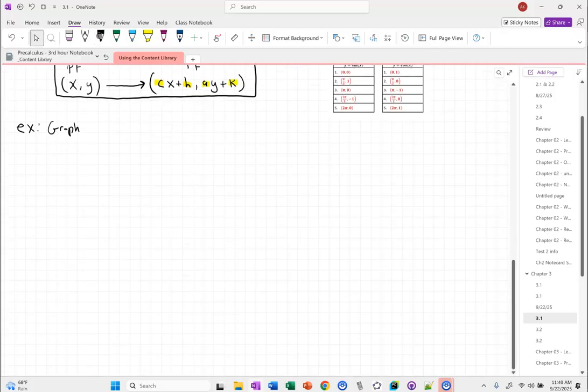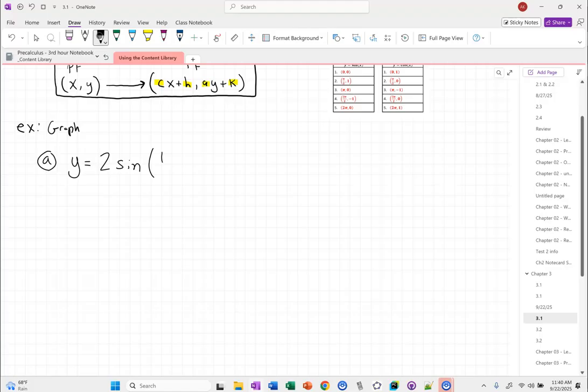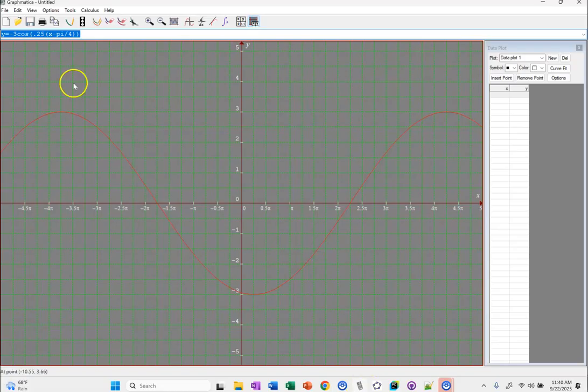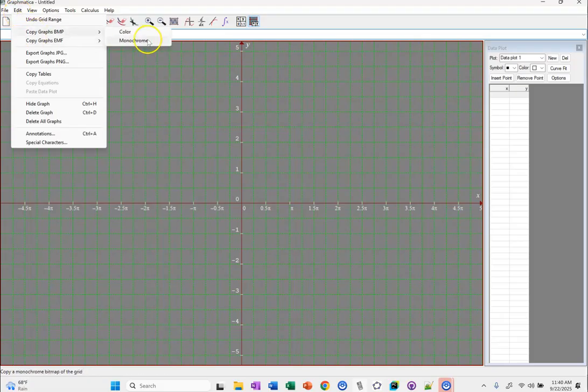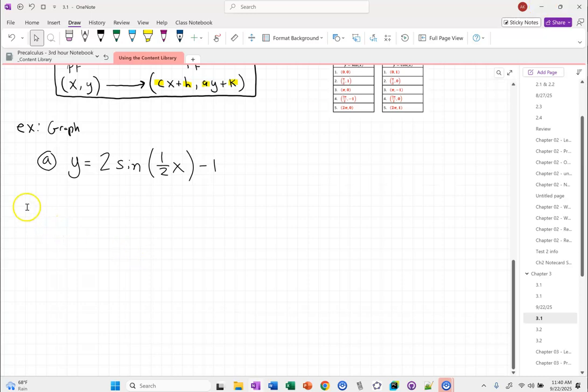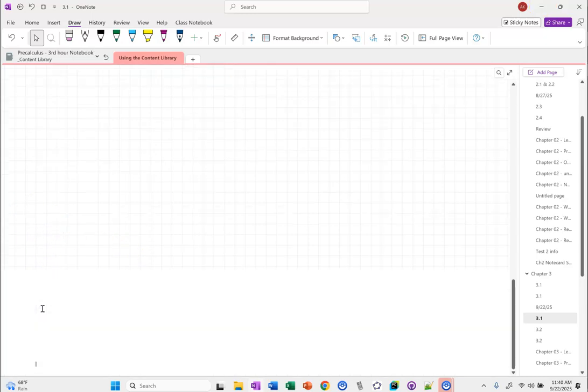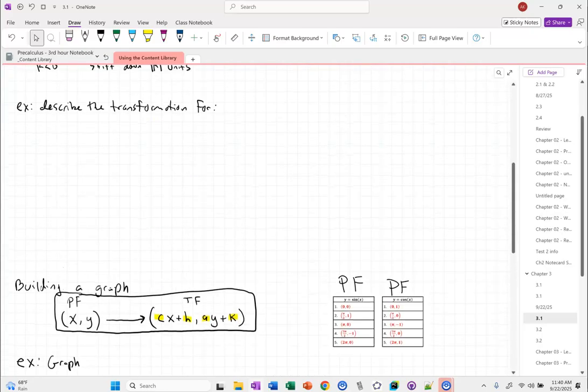All right. So let's do some examples here. So let's say we want to graph this function. Drop in an XY axis for us to use.